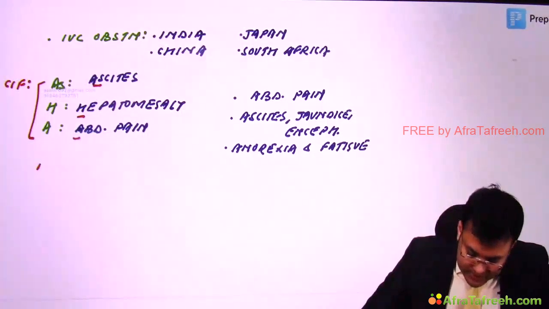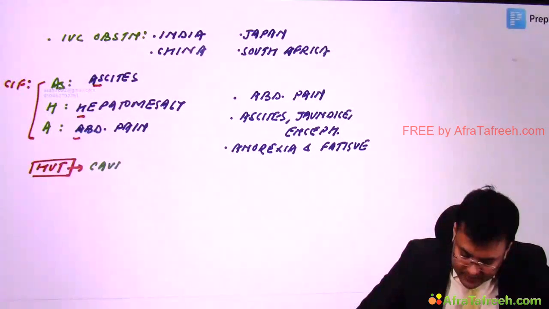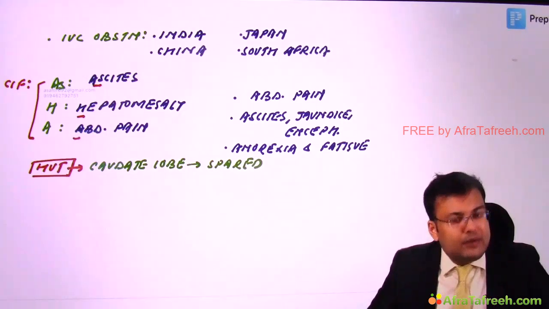So in patients of hepatic vein thrombosis, what will happen? Caudate lobe is spared, right? The liver is atrophied, but the caudate lobe is hypertrophied.